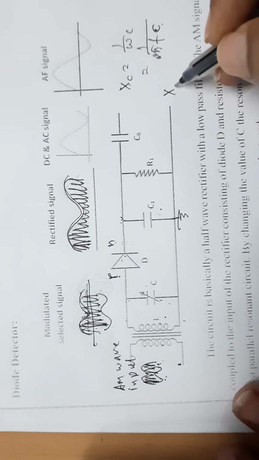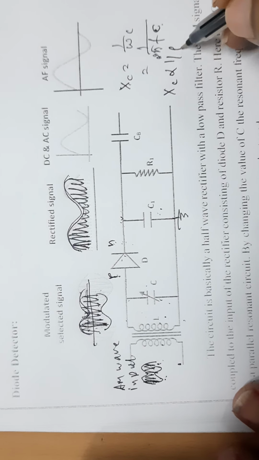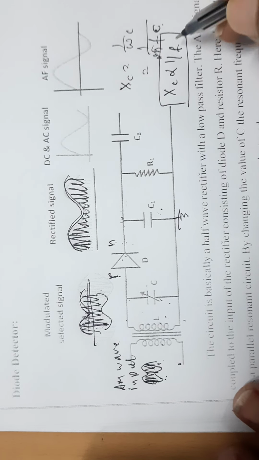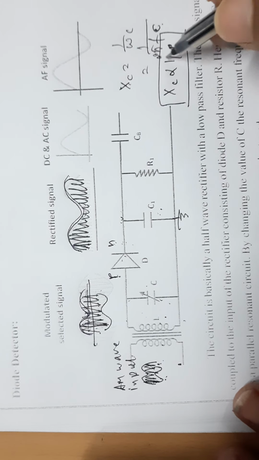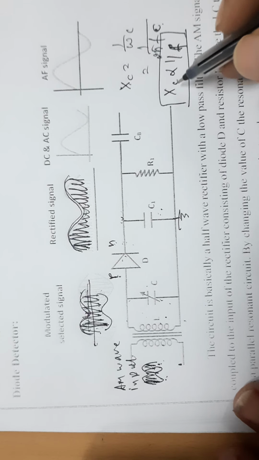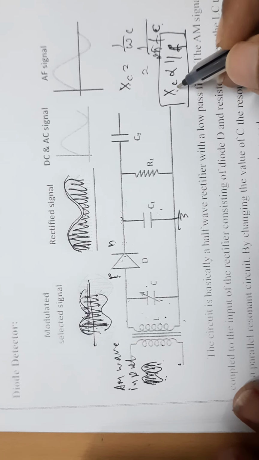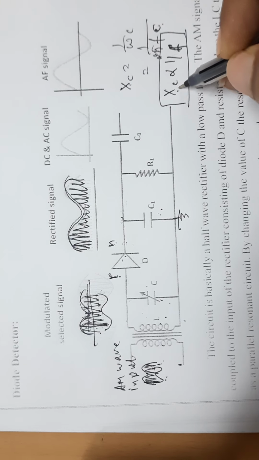Therefore, the reactance offered by the capacitor is directly proportional to 1 by f. That means when the frequency is very high, the ratio is very small, so the reactance offered by the capacitor is very small. Reactance means opposition to the flow of AC.